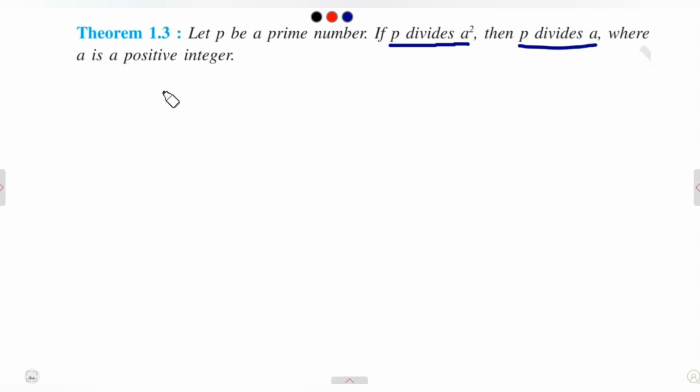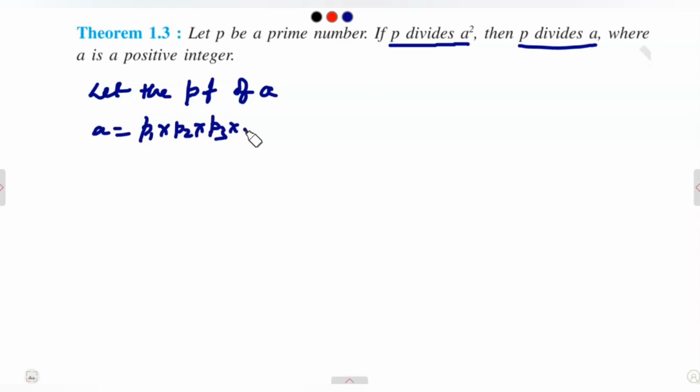Let the prime factorization of a, I'll write prime factorization as pf, be a = p1 × p2 × p3 × and so on, × pn, where these are all prime factors of a. When you do prime factorization of a, you may get, for example, p1, p2, p3 and so on, pn, where these are all prime numbers because it is a prime factorization.